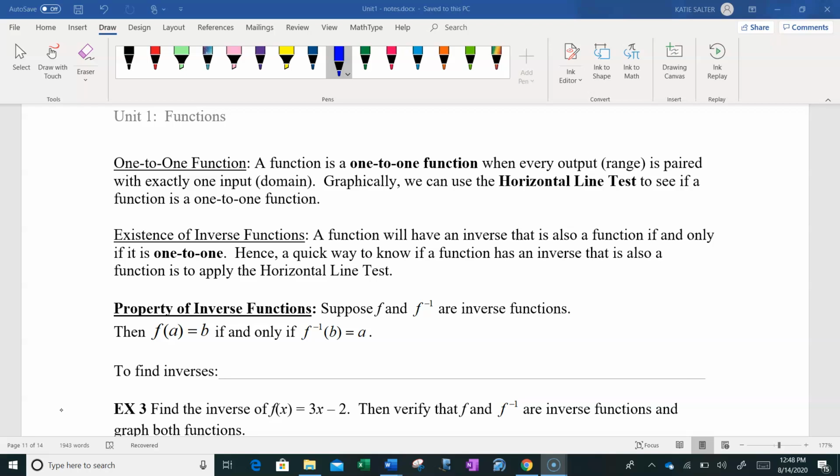Of course, we use the vertical line test to make sure it is a function. But if it also passes a horizontal line test, then we know that the function is one-to-one, and its inverse will also be a function. So, the existence of inverse functions: a function will have an inverse that is also a function if and only if it is a one-to-one function.